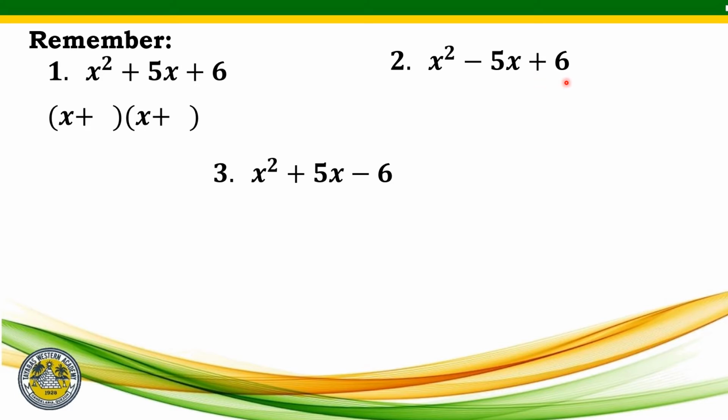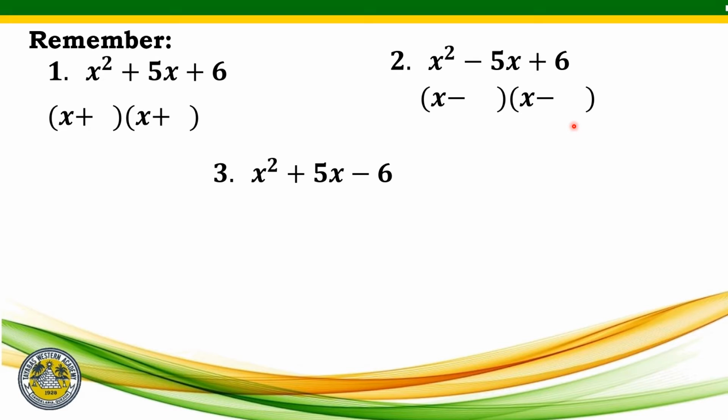So, kapag ganito yung makikita natin given, okay, negative yung nasa gitnang term at positive yung last term, expect na natin na ang ating final result or yung factor, are both negative yung sign ng number. So, ganito yung magiging itsura ng ating final answer.